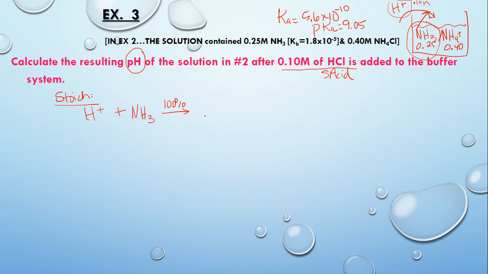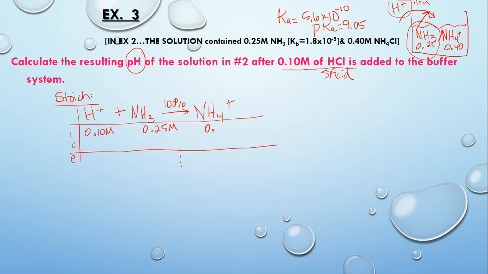The stoichiometry part will be: ammonia as a base is a proton acceptor. So if it takes the proton, it's going to become the ammonium ion. So notice again, by thinking it through, you can figure out what goes where in your reaction. We were told the hydrogen ion concentration that was added was 0.10 molar. Ammonia was 0.25 molar, and ammonium was 0.40 molar.